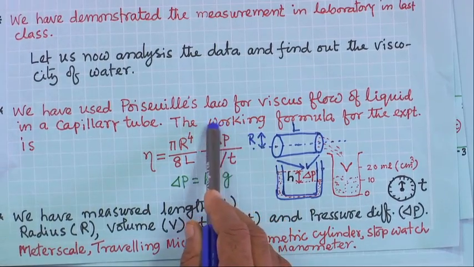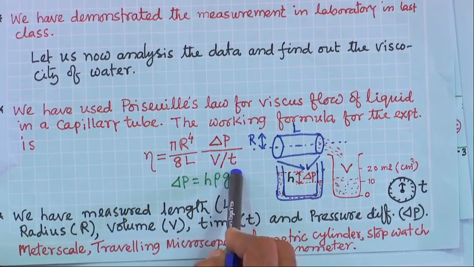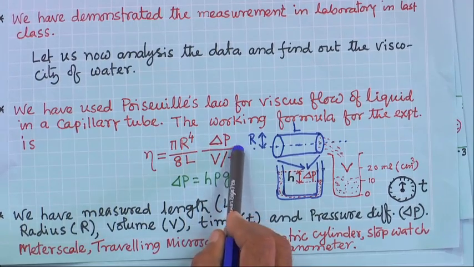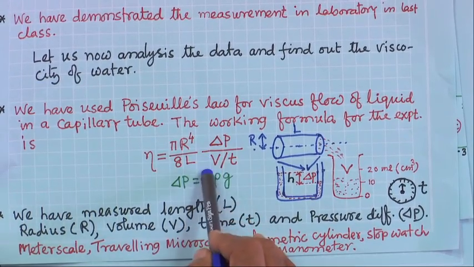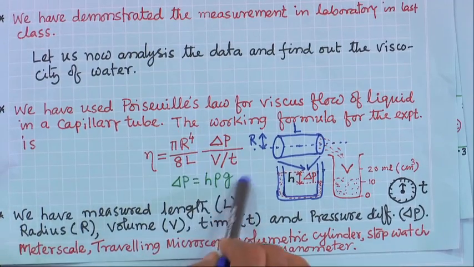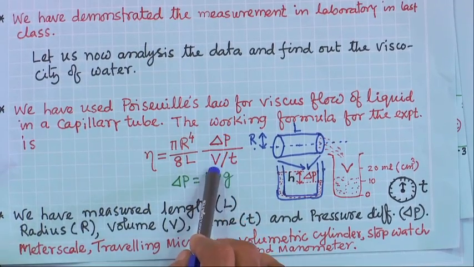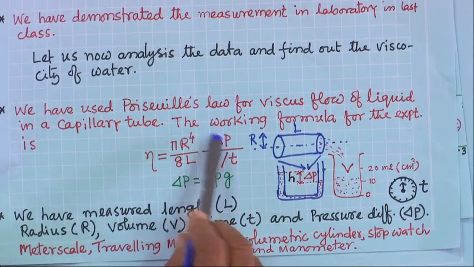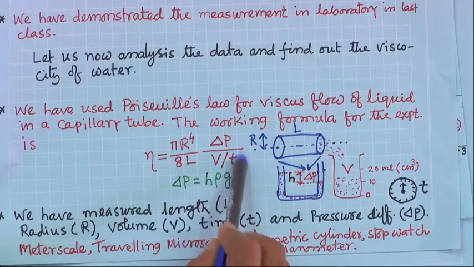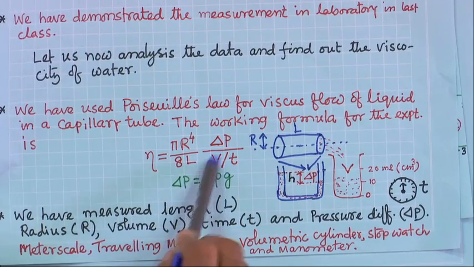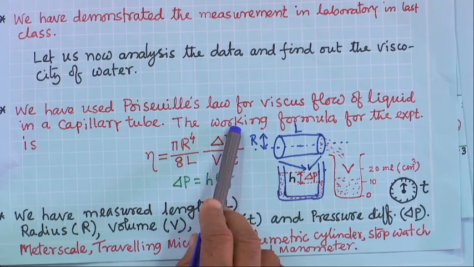For different pressure differences, we measure different V by T, and then we will plot a graph of del P versus the rate of change of volume. Del P should be x, because we are changing it, and V by T should be y.